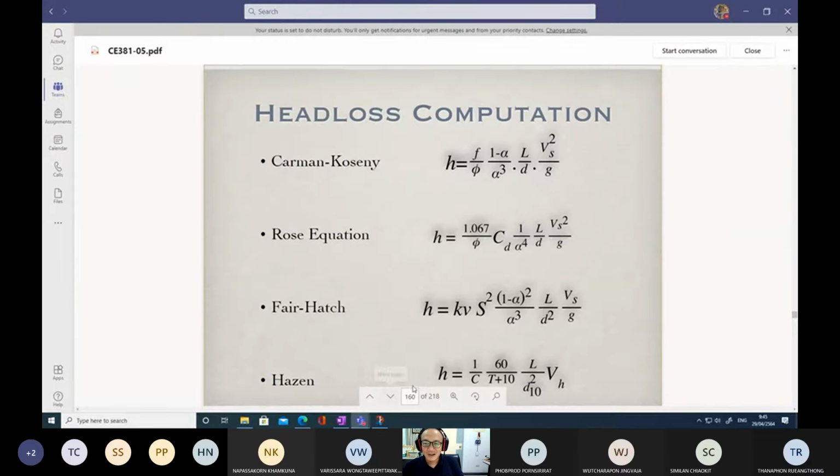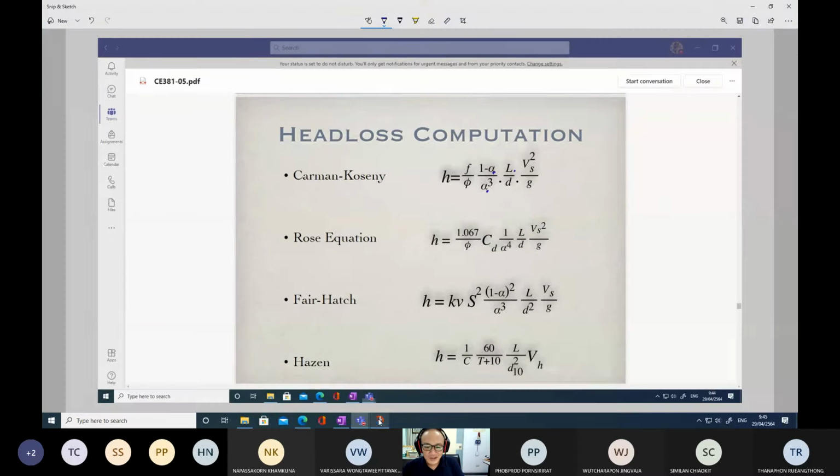Okay, for this one, the first equation seems to be the simplest form of the head loss determination equations. It was actually modified from the equation that we are all familiar with. The head loss is equal to f L over D times v squared divided by 2g.